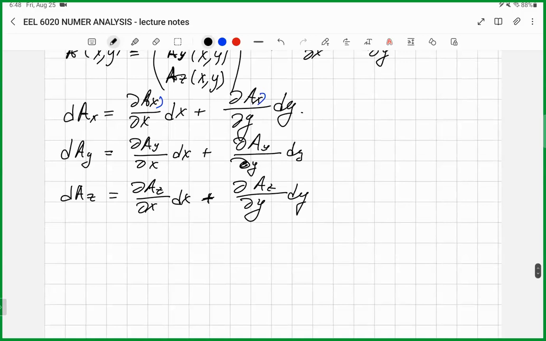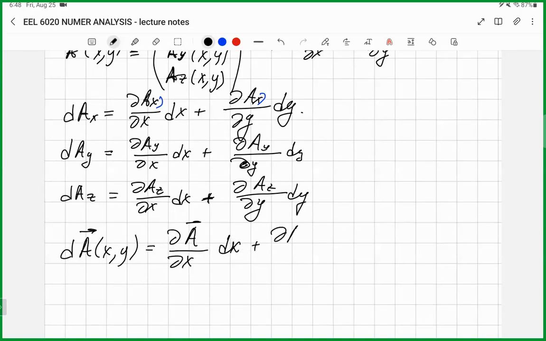So instead of doing the differentiation by components, I can write something like this: dA, the vector function of x and y, equals dA vector over dx dx plus dA vector over dy dy.